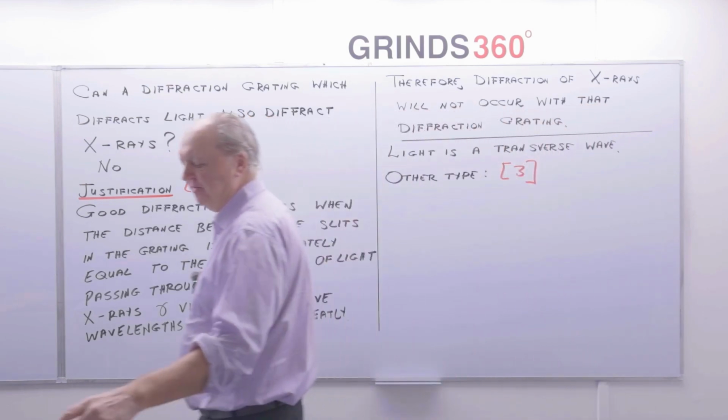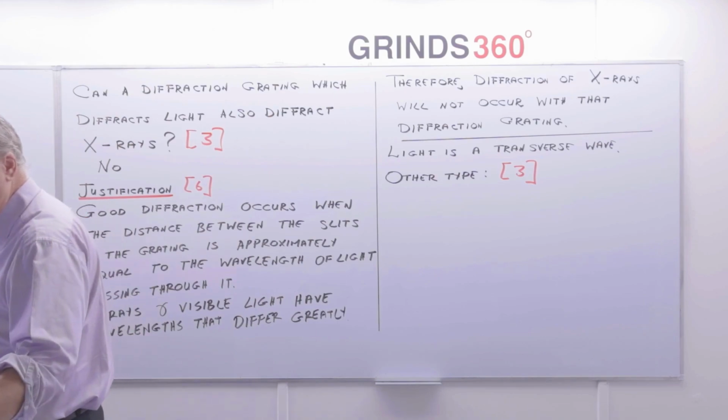Right, back to my question. So they're asking me, in the last part of the question, it says light travels as a transverse wave. Name another type of wave motion and give 2 differences between these 2 types of wave motion.